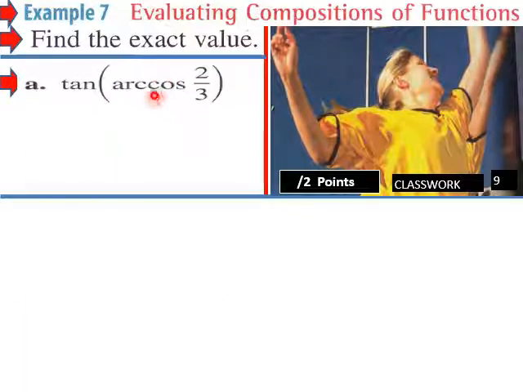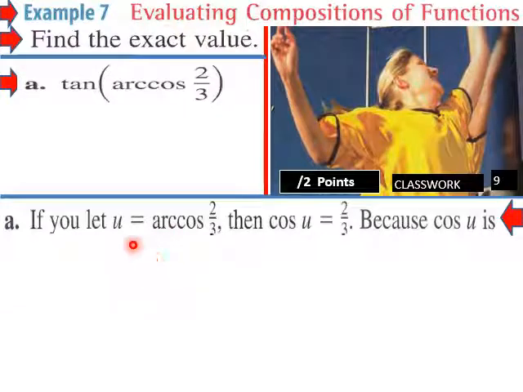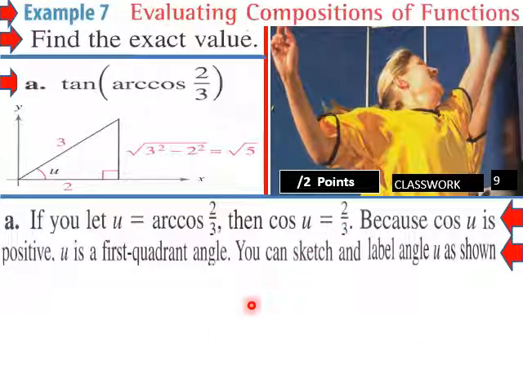Finding the exact value, example 7, tan of arc cosine 2 over 3. If you let u equal arc cosine 2 over 3, then cosine u would equal 2 over 3. Because cosine u is positive, u is a first quadrant angle, so it would occur in your first quadrant.